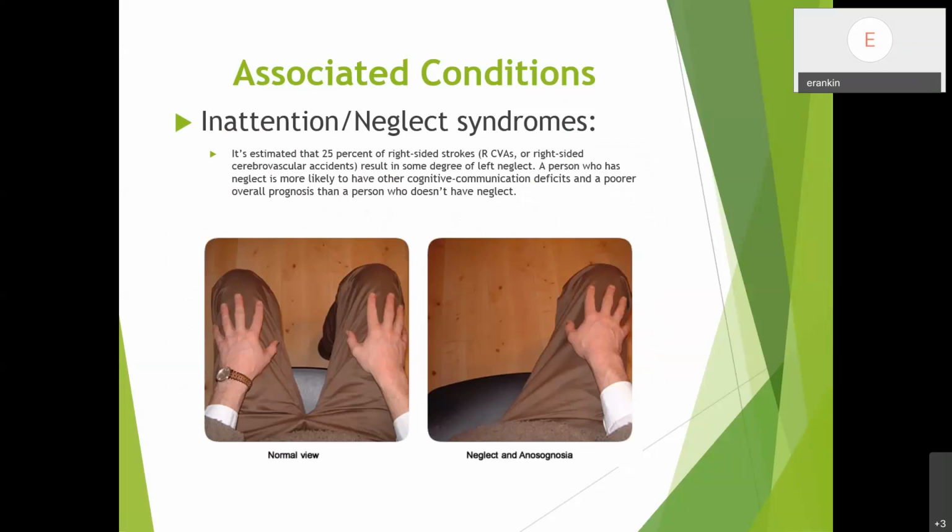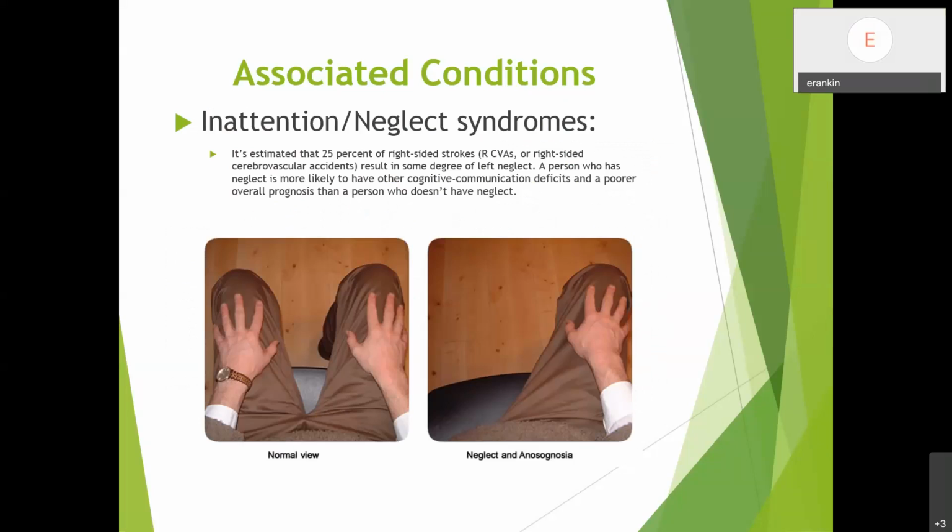These are fascinating because, as we talked about a little bit, these typically happen with right hemisphere injuries, right hemisphere strokes. There's some degree of left neglect. Neglect can occur both sensory, auditorily, and visually.